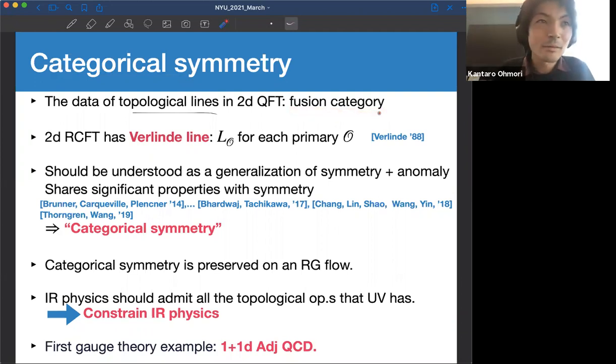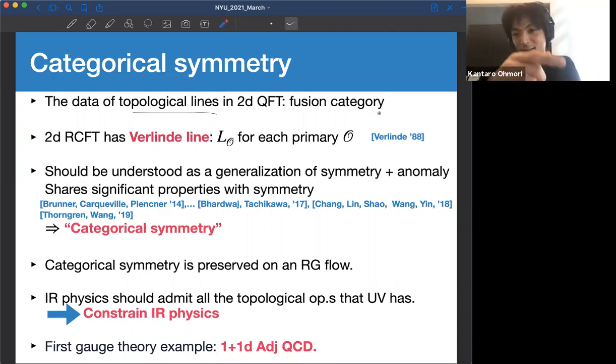One way to say why we need the categorification is that for this topological line, there is a defect operator living at the end of the topological line, or you can do the state-operator correspondence, and it corresponds to a state on the S1, but with a time-like topological line inserted.